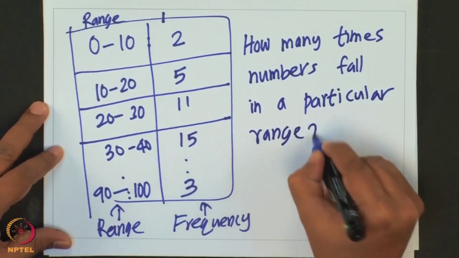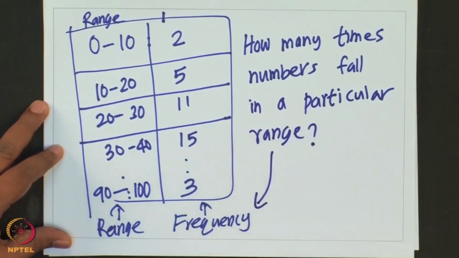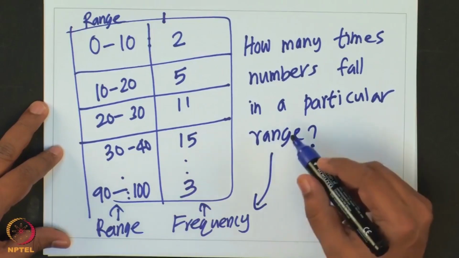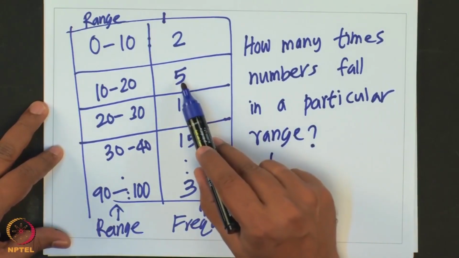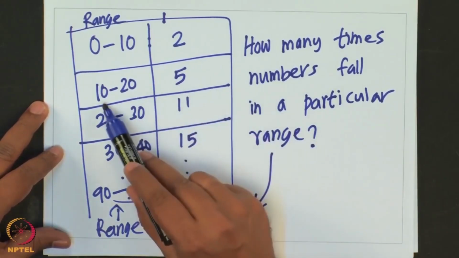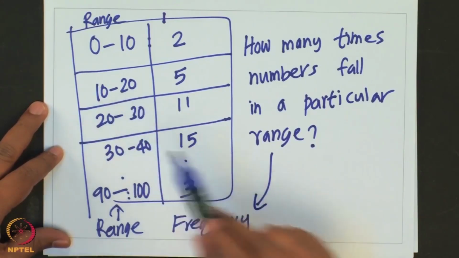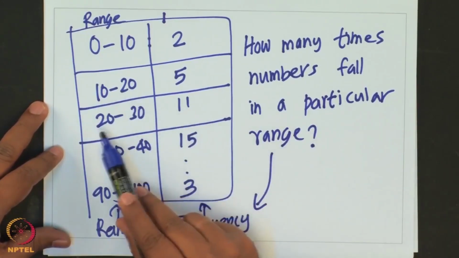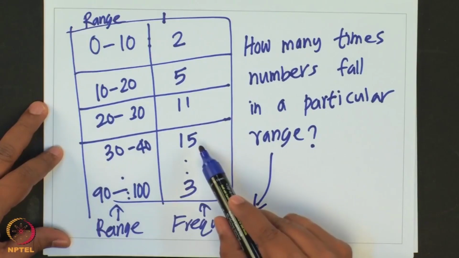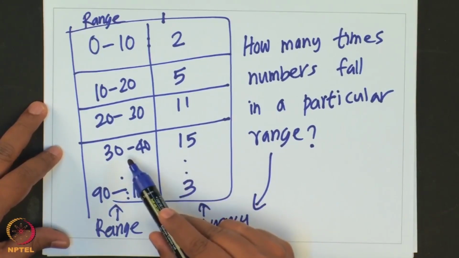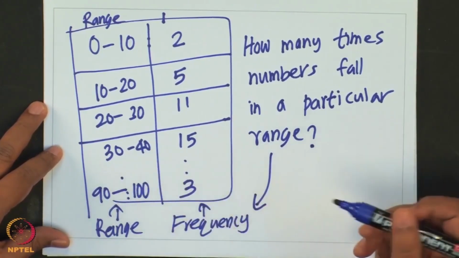So this is the frequency. So 5 times in this whole population the number is between 10 and 20. 11 times the number is between 20 and 30. 15 times the number was between 30 and 40, and so on and so forth.